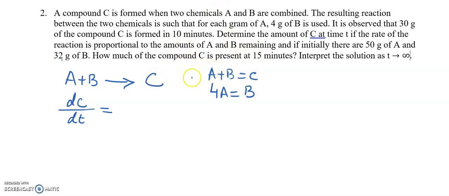So for example, the amount of A was initially 50, and the amount consumed of A was A. So it is said that if initially there are 50 gram of A and 32 gram of B present, it means that A was present as 50 and consumed was A. So the remaining will be 50 minus A. And the remaining for B will be 32 gram of B initially present and B gram was consumed.